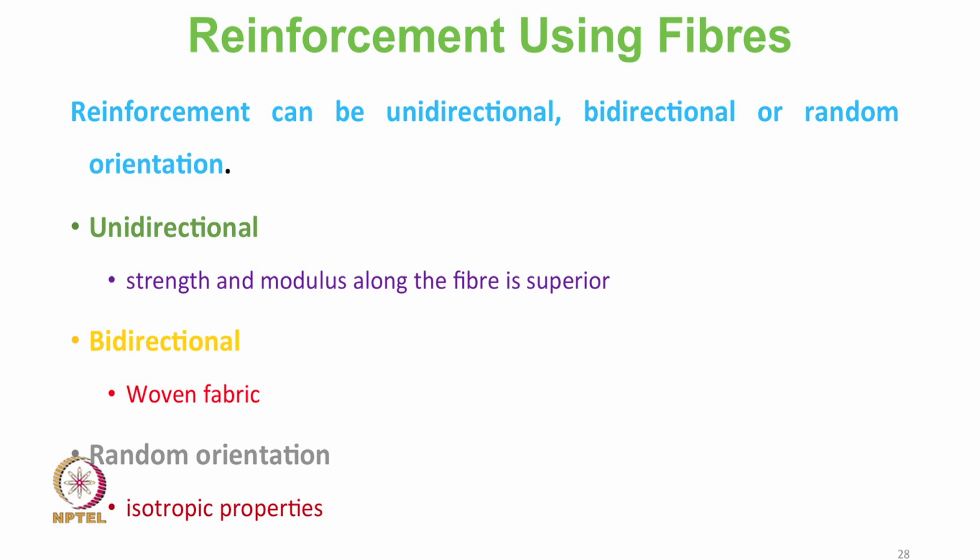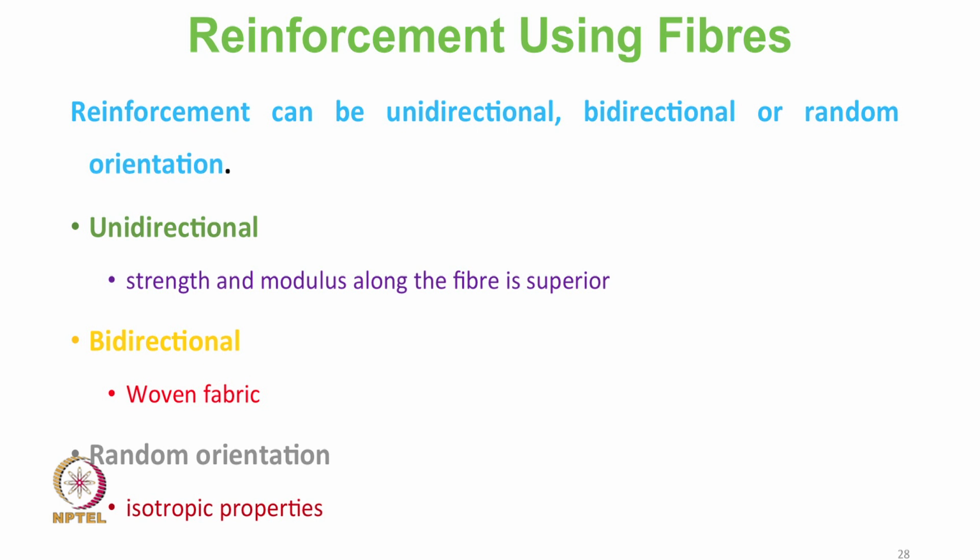Higher strength we get in axial direction and lower in other direction, or in the form of woven fabric where the strength or tensile characteristics in both lengthwise and crosswise are higher, but at different angles the strength of the composite is not that much as compared to the axial and cross direction.